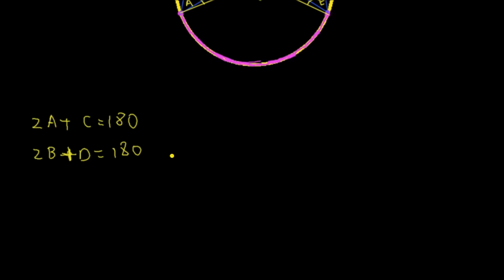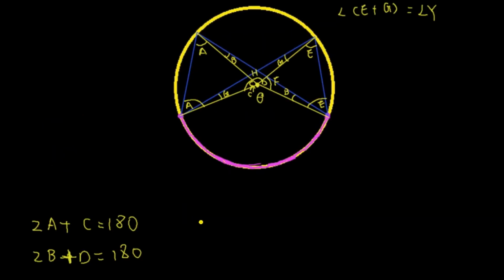Okay, what else can we say? We know that over here, this is angle theta. And this is angle C here, and that whole thing is angle D. So again, this is angle theta, this big angle is angle D, and this small angle is angle C. These three together, C plus D plus theta, should be equal to 360 degrees.